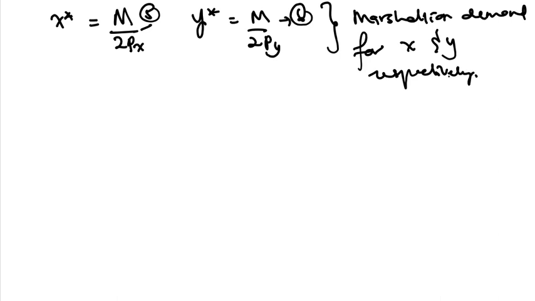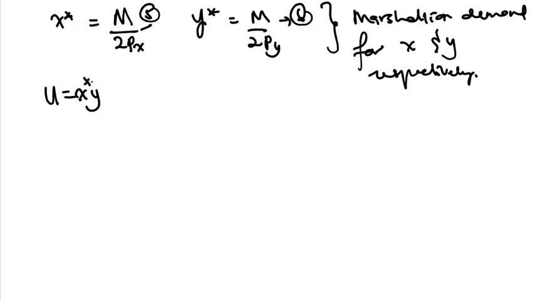Okay, right. Now, I haven't explained to you up to this point how Roy's identity looks like and how the envelope theorem can help you to show Roy's identity. From here we can construct what we call the indirect utility function. We know that the direct utility function is u equals x times y. So in order to obtain the indirect utility function, you just need to substitute x star and y star.